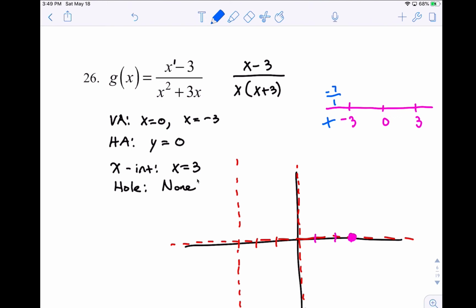All right. Now, if I plug in something in between -3 and 0, so if I do -1, -1 minus 3, -4 over. Oops, sorry. This should be negative. All right, so -1.